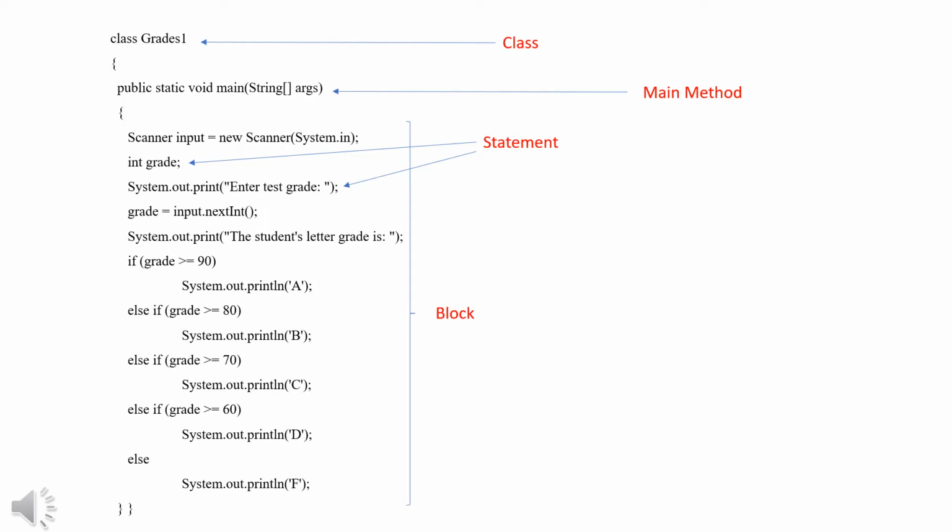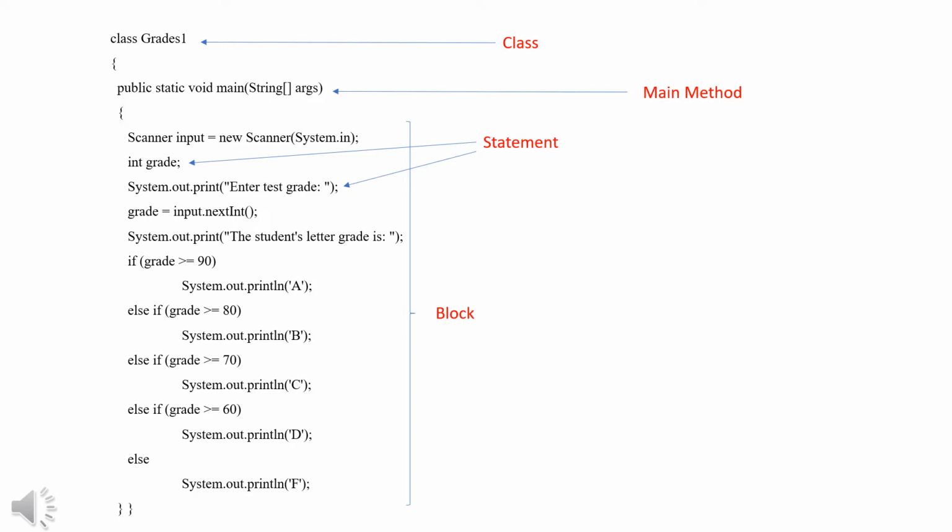Here in this slide I'm trying to show you one example to see each component of this programming language. As I told you, we have a class as one component. As you see here, class Grades is one example of a class. Then inside this class, we have a main method, public static void main. That's the main method of this class. Each statement is a line of code that ends with a semicolon.